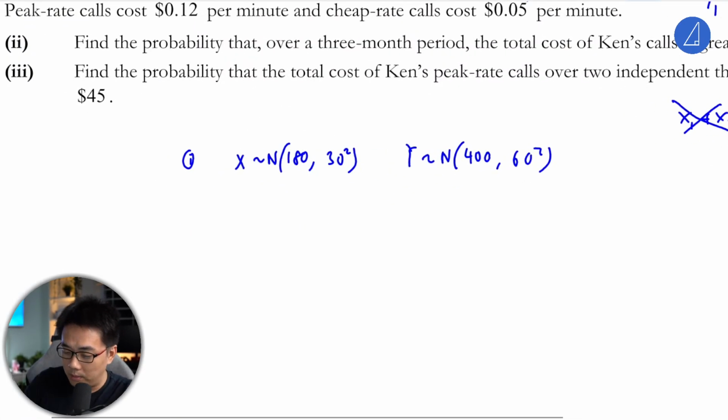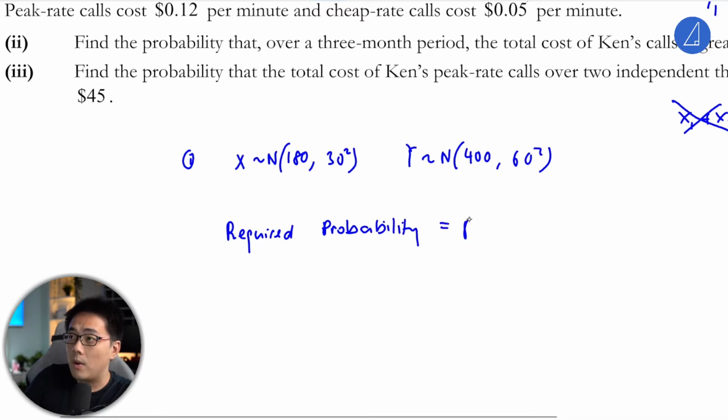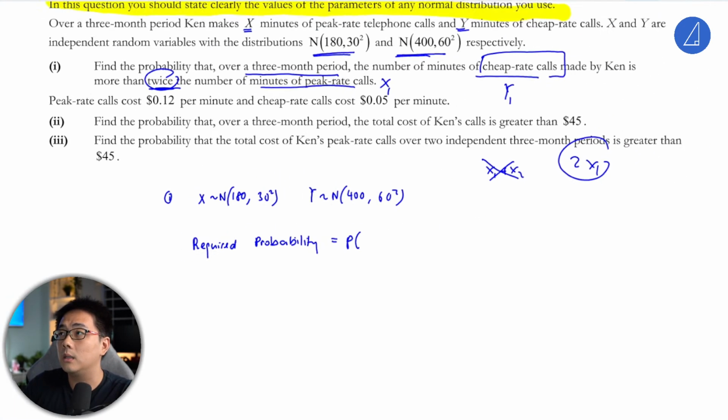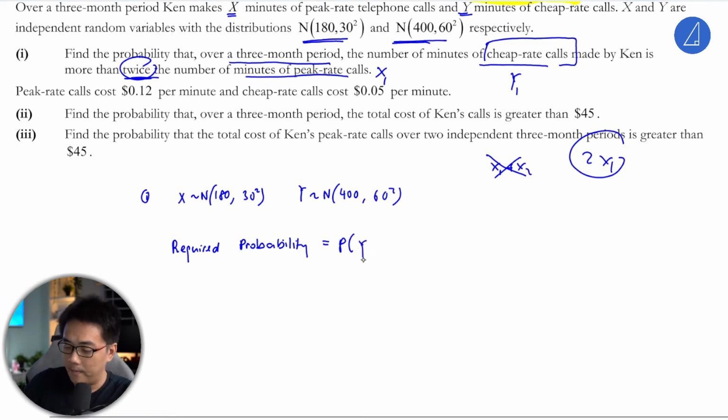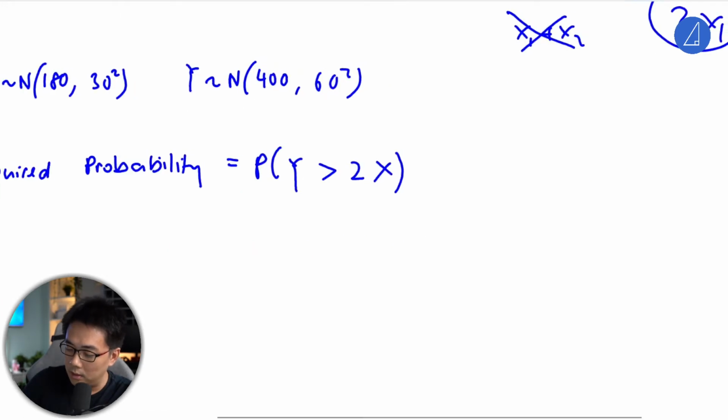Okay, so the required probability. What we want is actually the number of minutes Y is more than twice, so this is P(Y minus 2X greater than 0). Great.